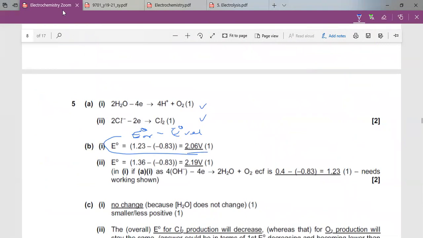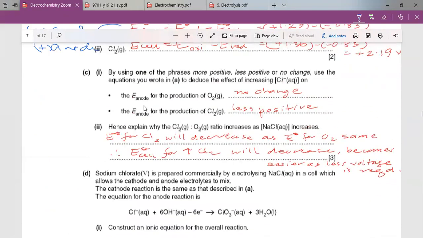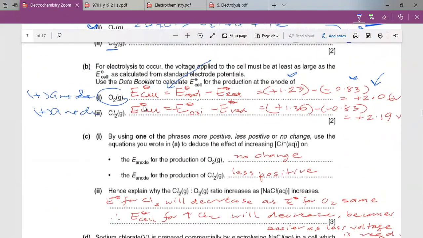Now if chlorine gas is given out, as they say, what's the E cell for production at the anode when Cl2 gas is given out? Remember here of course is your chlorine. So what's your chlorine?